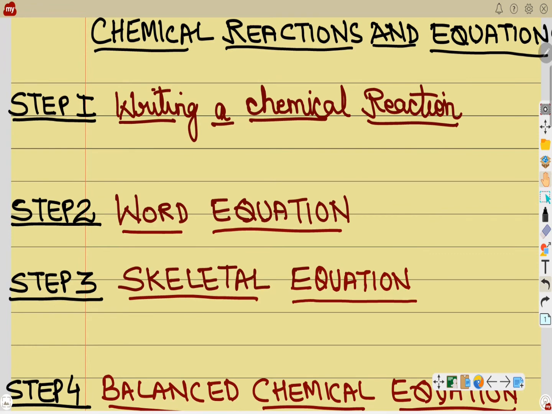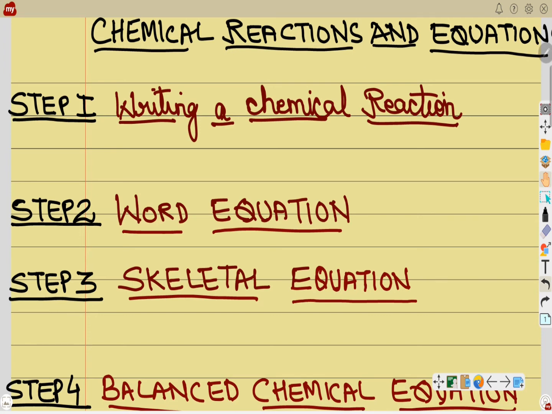Dear students, now we have to test what we have studied till now, and now is the time to apply what we have understood in this lesson and in this video. The application part is the most important, and we will do it by taking a simple example. So, what was the name of our lesson? Chemical reactions and equations.